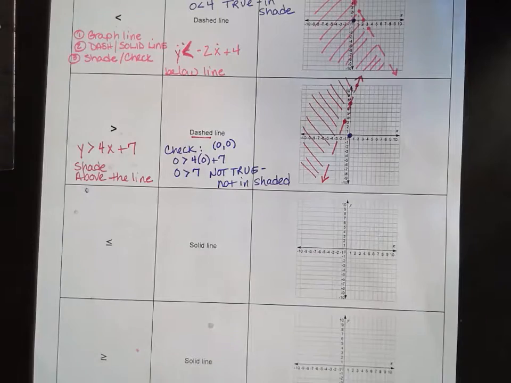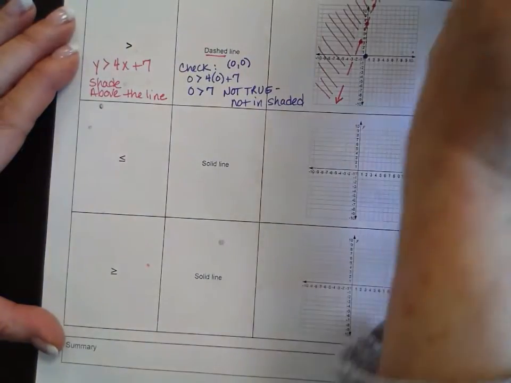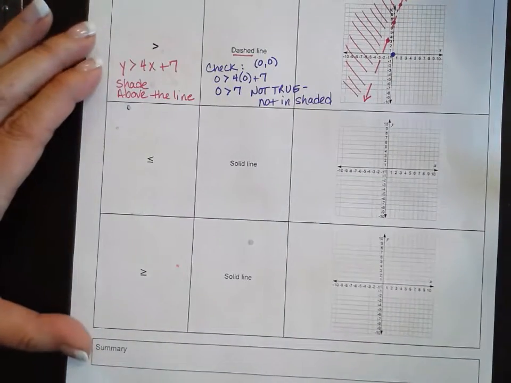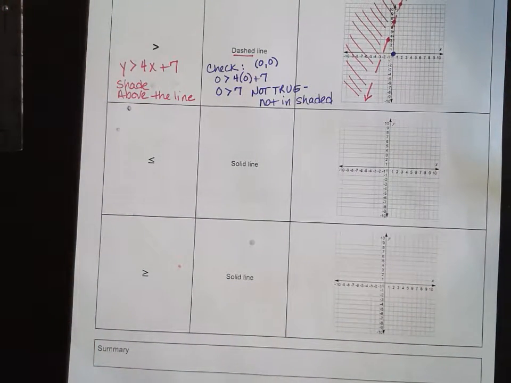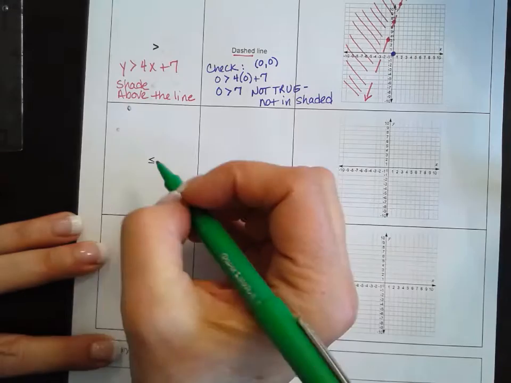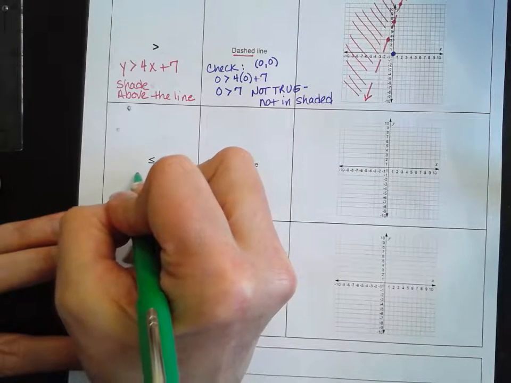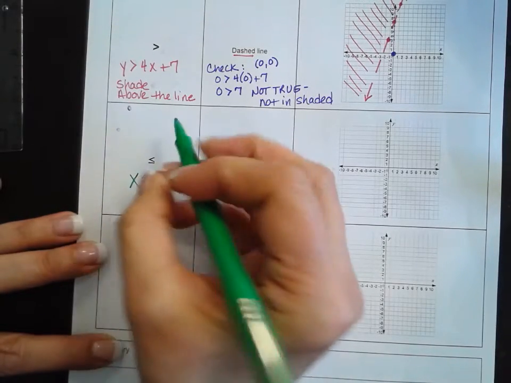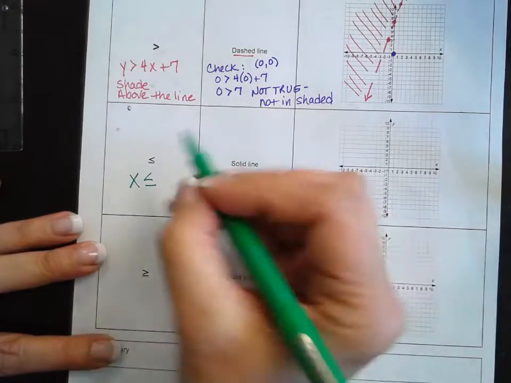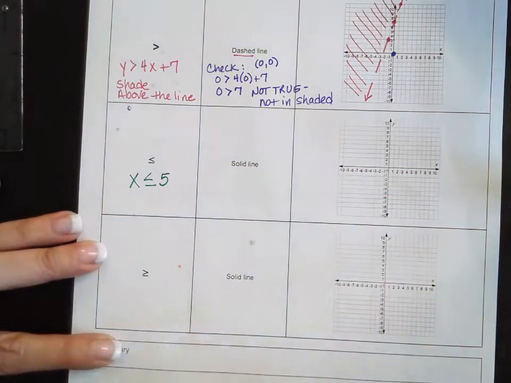Wait, what happens if the line's like straight? Like, yeah, just like that. Hey, let's do that one. Okay, that's a great question. So let's say that x is less than or equal to, give me a number. 5. Okay, 5.